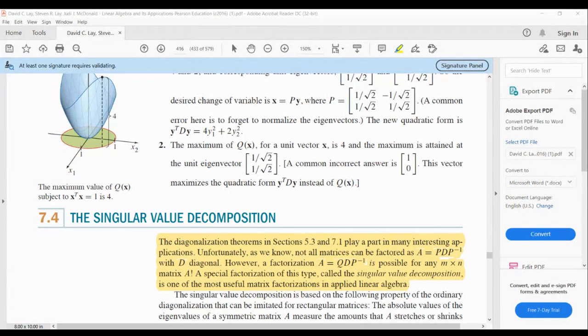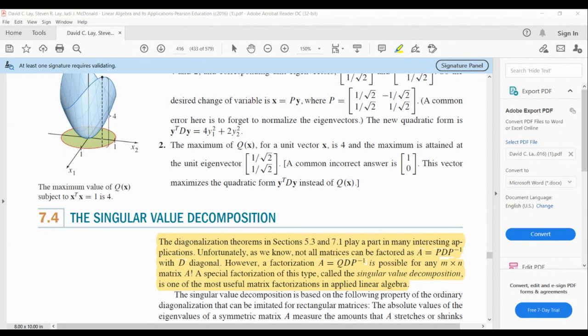And also, what if you have a matrix A that's not square? Is there a factorization for a matrix A that's not a square matrix? Like, for instance, if you had a matrix A with 2 rows and 3 columns, could you factorize that matrix? Well, you can.